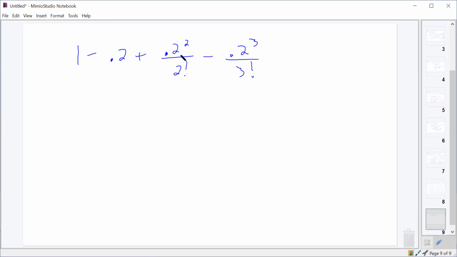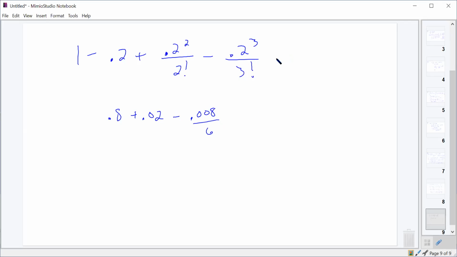And this was a calculator question, so you can use your calculator to evaluate this if you want to. But this is 0.8. 0.2 squared is 0.04, divided by 2 is 0.02. And then this one should be 0.008 over 6.